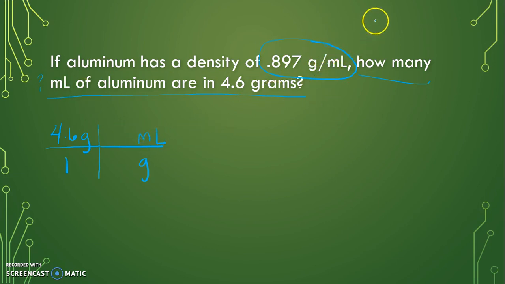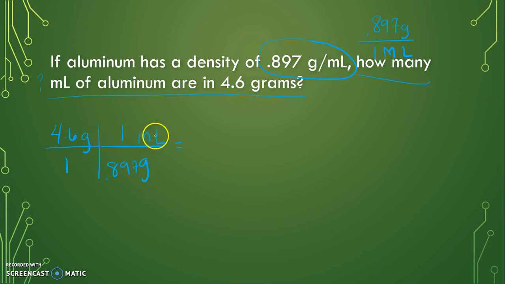Now this, if you write this out, it is 0.897 grams per milliliter. This is what it would look like. So down here, what I need to do is I need to flip it. The 1 milliliter needs to go on top, and the 0.897 grams needs to go on the bottom. Now, I have students who seem to get confused at this point and they want to cross multiply. You can't do that, it's a fraction.